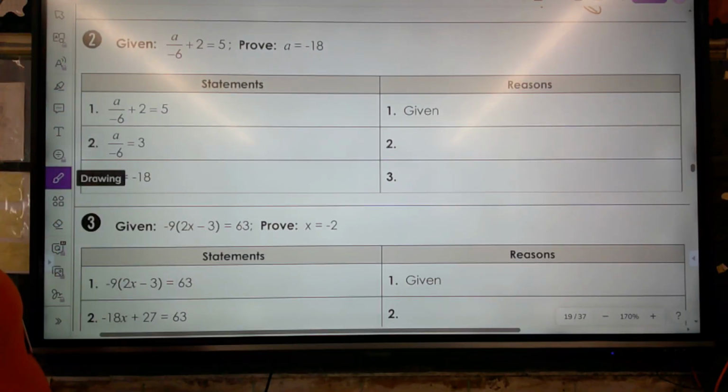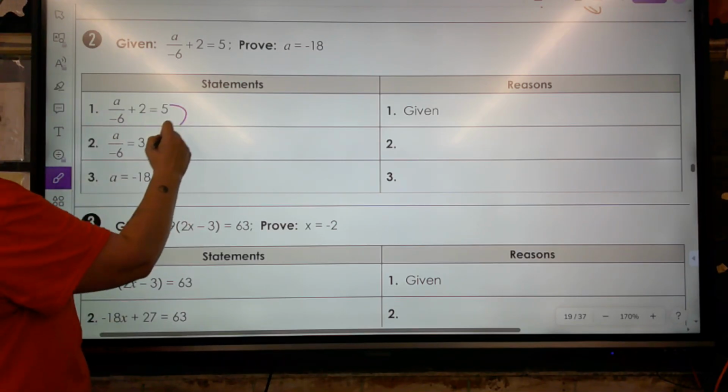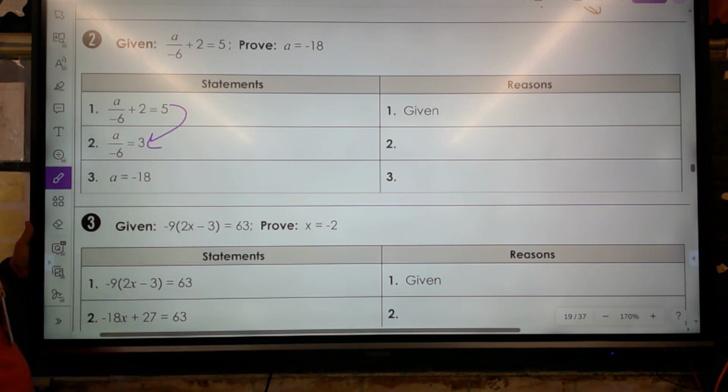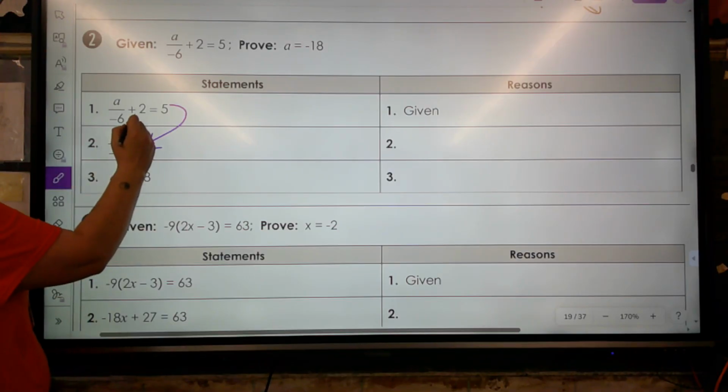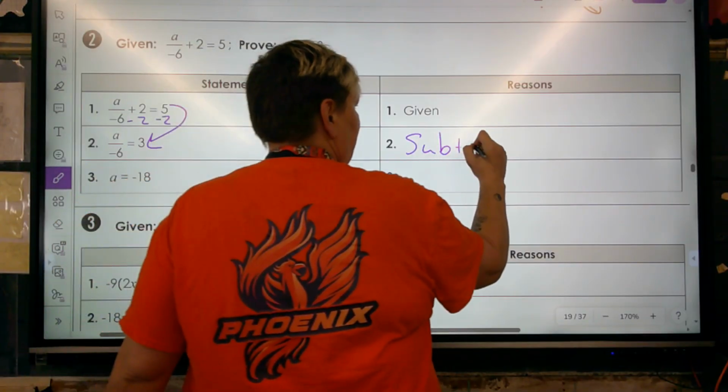All right? Given a divided by negative 6 plus 2 equals 5, prove that a is actually equal to negative 18. So, step 1, we were given the equation. How did they get from here to here? They subtracted 2 from both sides. So the first thing they did was subtraction property.